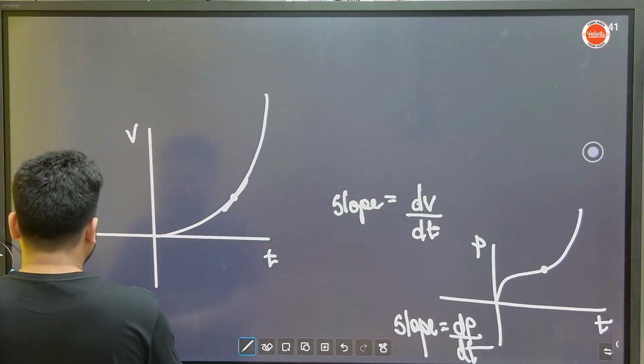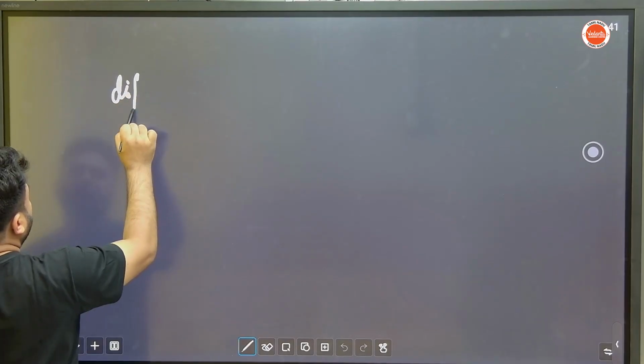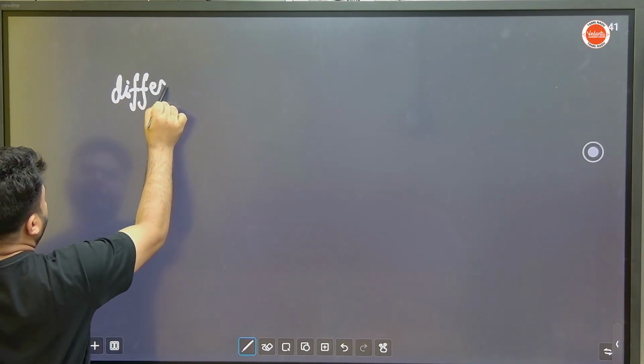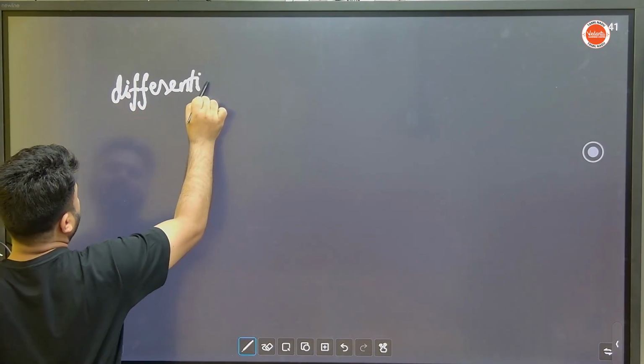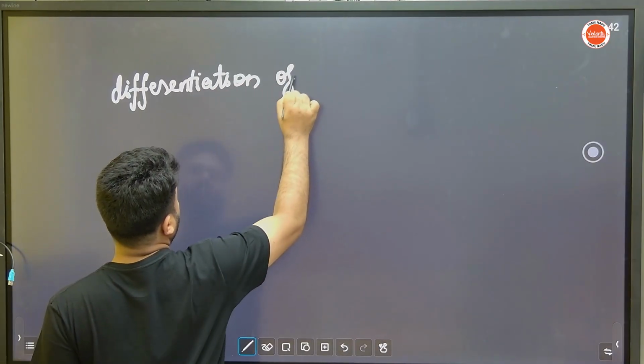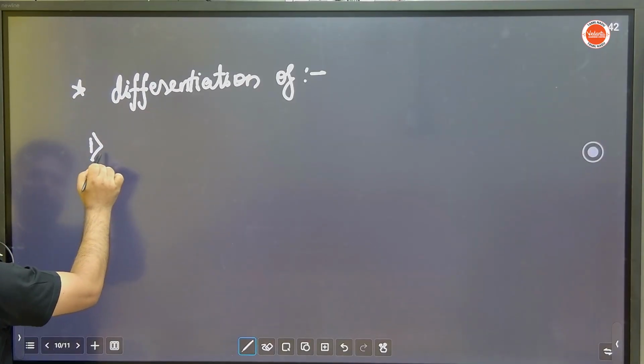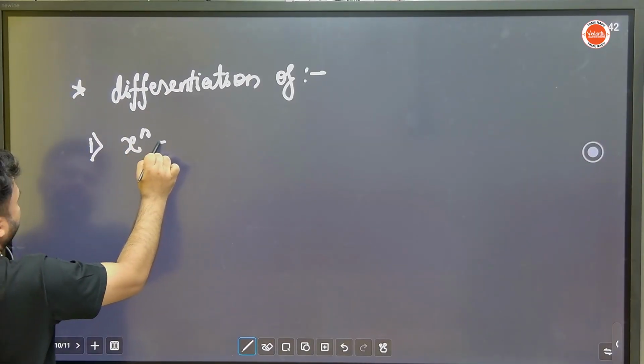Now some differentiation formulas you have to remember. So differentiation of, I am writing first, x to the power n.